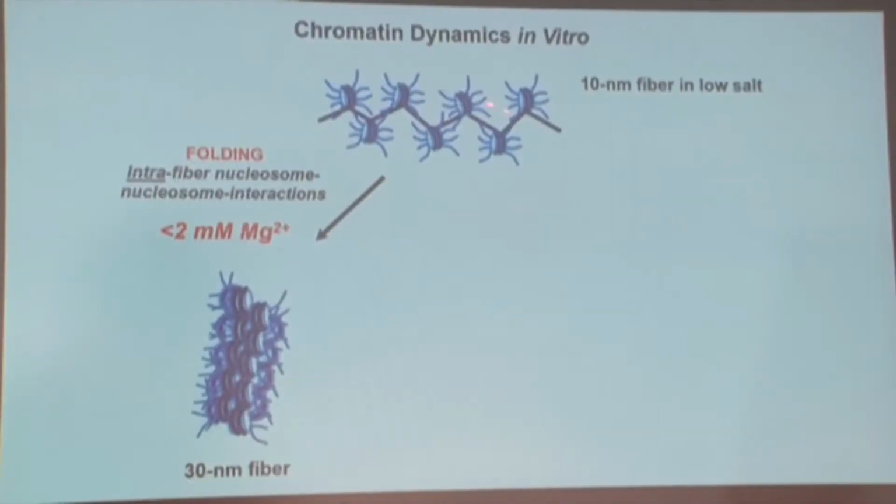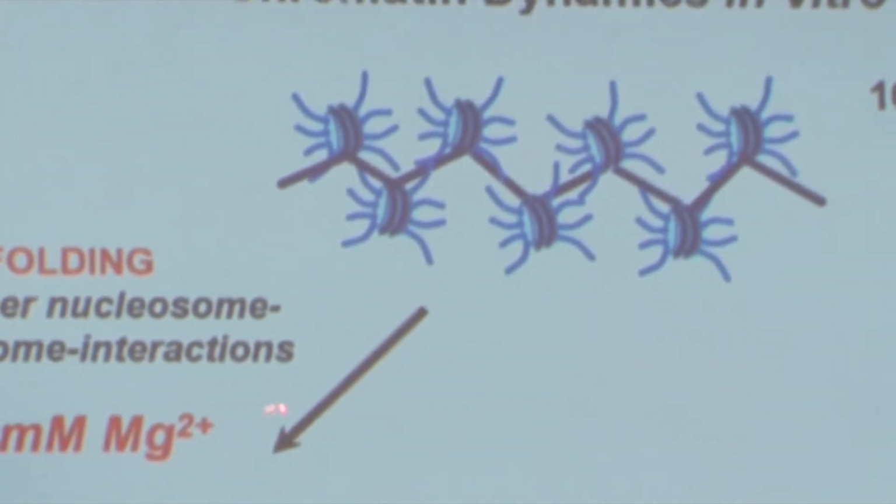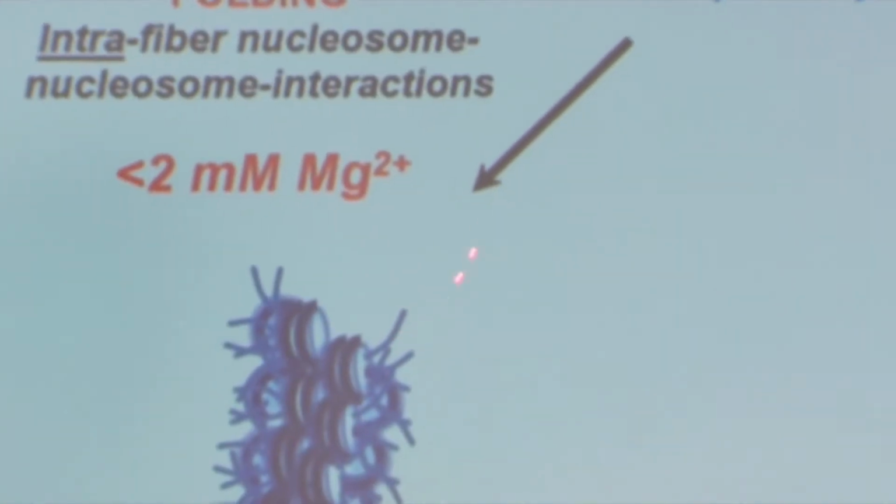So if you take this system and put it in the presence of salt in vitro, the first thing that happens is it folds into a 30 nanometer fiber, and that's the basis of why so many people believe that the 30 nanometer fiber was a chromosome assembly intermediate. It certainly happens in vitro, and my lab has studied this for the better part of 25 years.